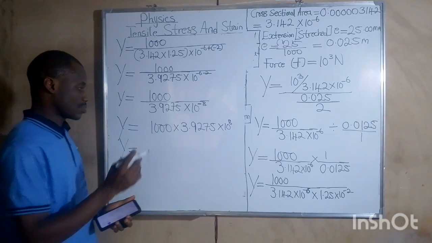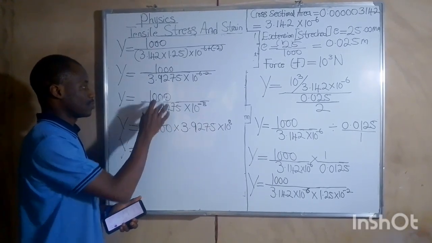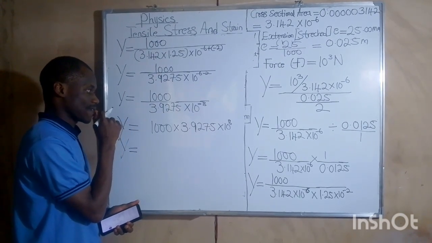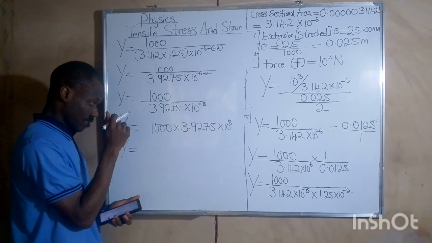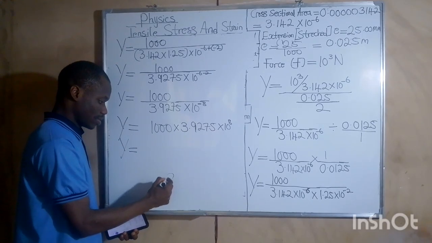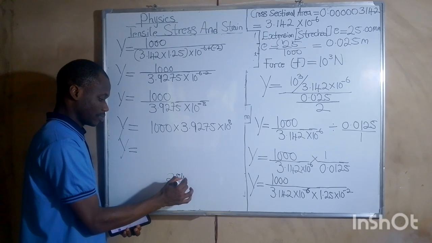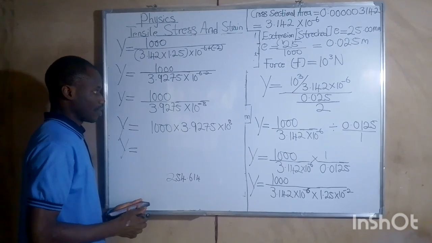Okay, let's do it this way. Before you do that, do 1000 divided by 3.9275. That's giving us 254.614. Okay, so I think we were correct.